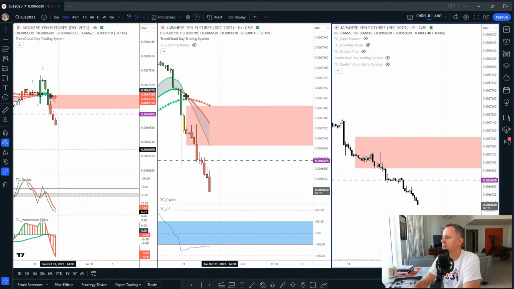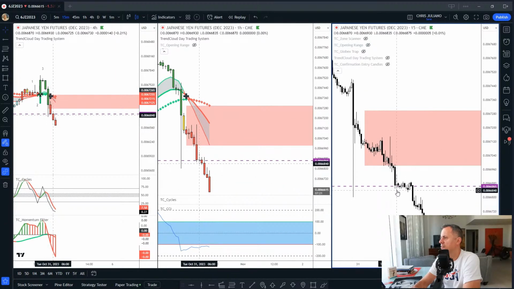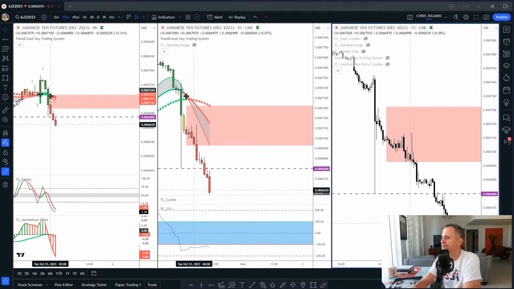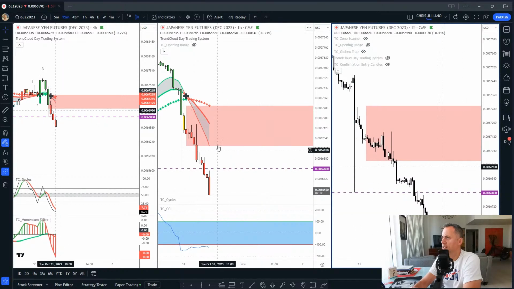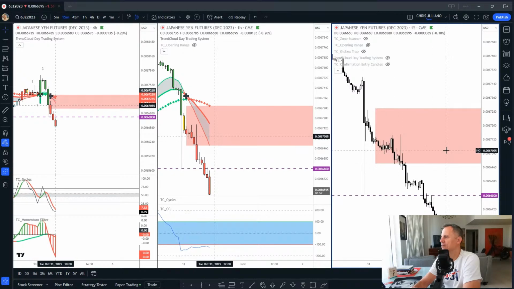It doesn't really look like anything spectacular. We've got this little consolidation here, right where we broke through structure. But here's where your TrendCloud resistance levels are, right up in here. So we may get this big wicking candle into this area, and then the move down. And we've got one right here.